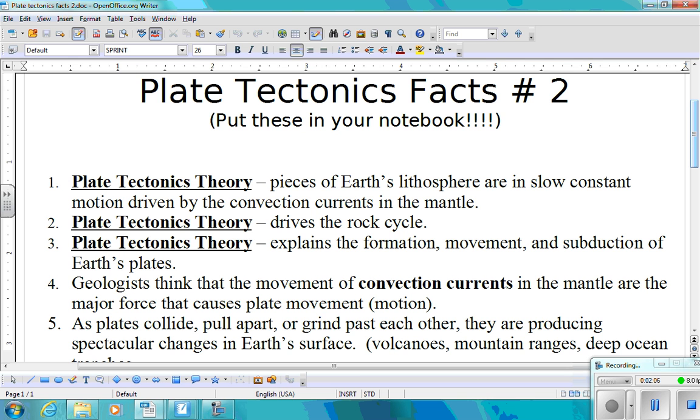Geologists think that the movement of convection currents in the mantle are the major force that causes plate movement. And remember, that was what Alfred Wegener could not prove, and now geologists know and understand this with today's technology. Number 5.